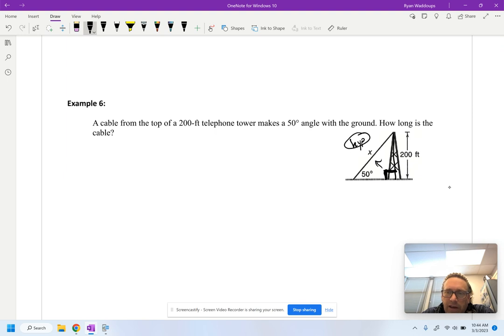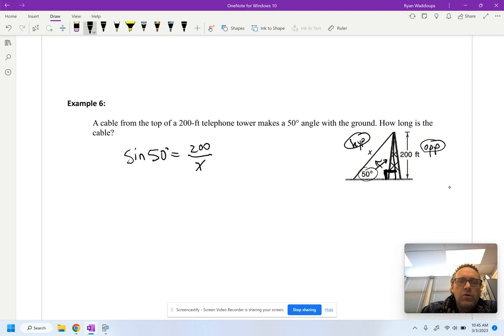The 200 feet is opposite the 50-degree angle that the cable makes with the ground, so we can call this the opposite leg. We're dealing with O and H, that's SOH, sine. The sine of the angle, 50 degrees, is equal to the opposite, 200, over the hypotenuse, which is labeled as x.